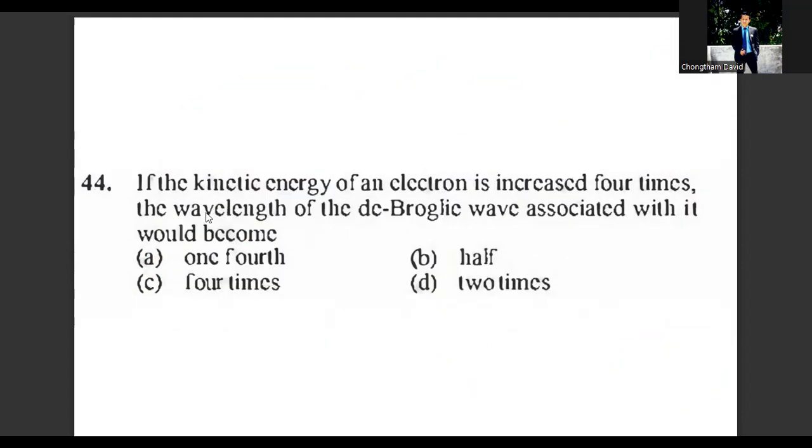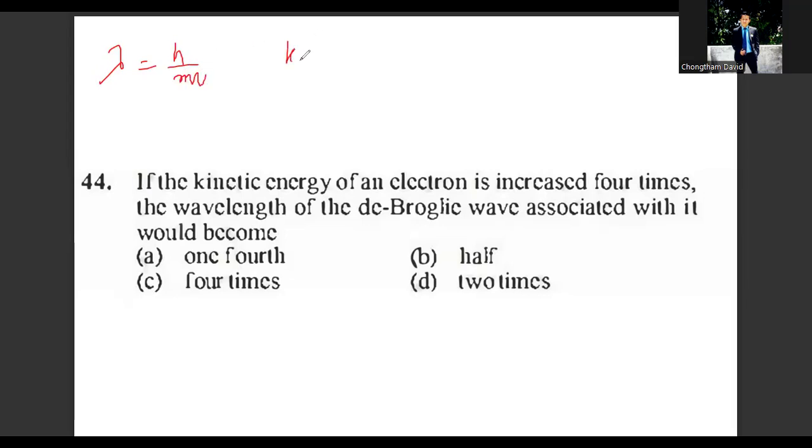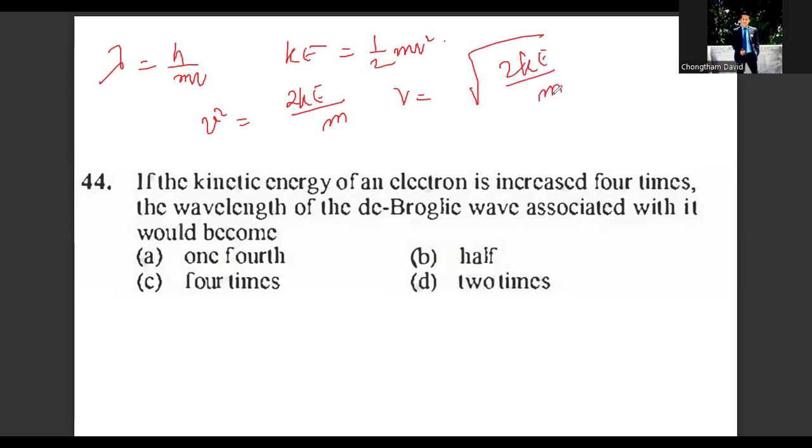Okay, if the kinetic energy of an electron is increased 4 times, the wavelength of the de Broglie wave associated with it would become how many times? We need to calculate this question. To answer this, you know, de Broglie wavelength is given by h by mv, clear? And the kinetic energy is half mv squared. So what is this v? We have v squared equals twice kinetic energy by mass, so velocity would be root over twice kinetic energy by m.